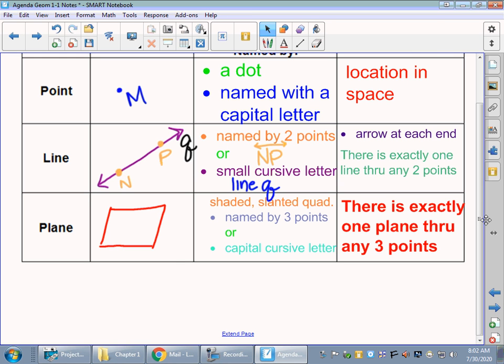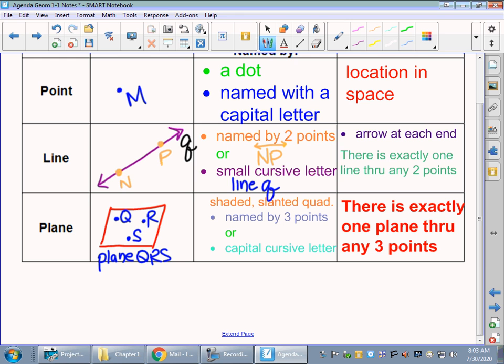So I could put on a plane, or sorry, a point Q. Notice this point Q is different from our line Q. It's a capital letter Q, as opposed to our line is a small letter Q. Sorry for the technical difficulties. I'll put an R and I'll put an S. So we could call that plane QRS.